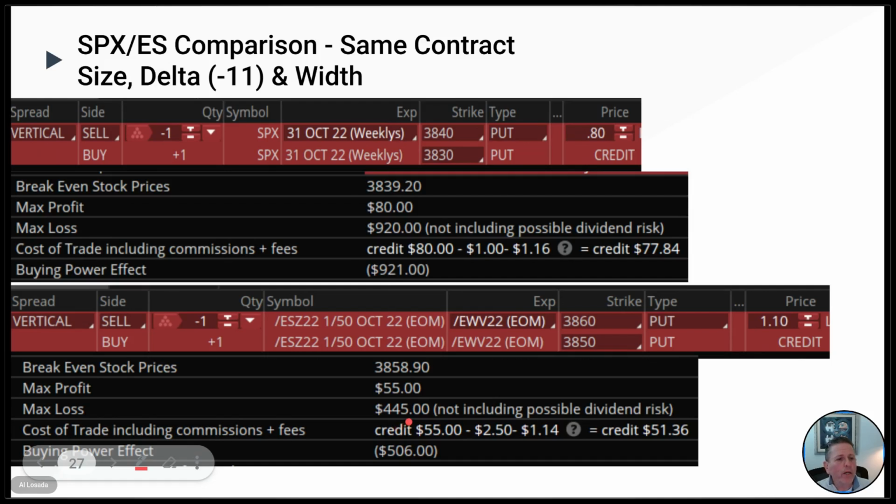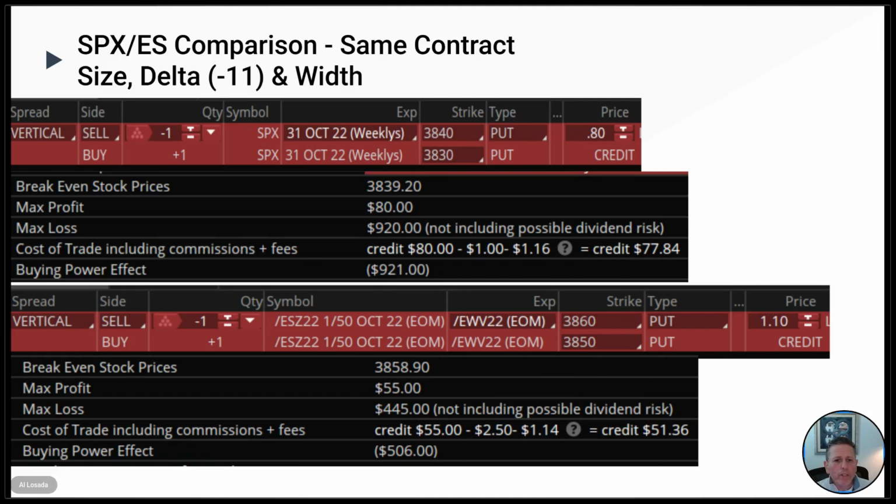Having that multiplier, you can lower the amount that you trade, because you can go lower than a 10 wide, trading 5 wides. That's one of the other benefits.